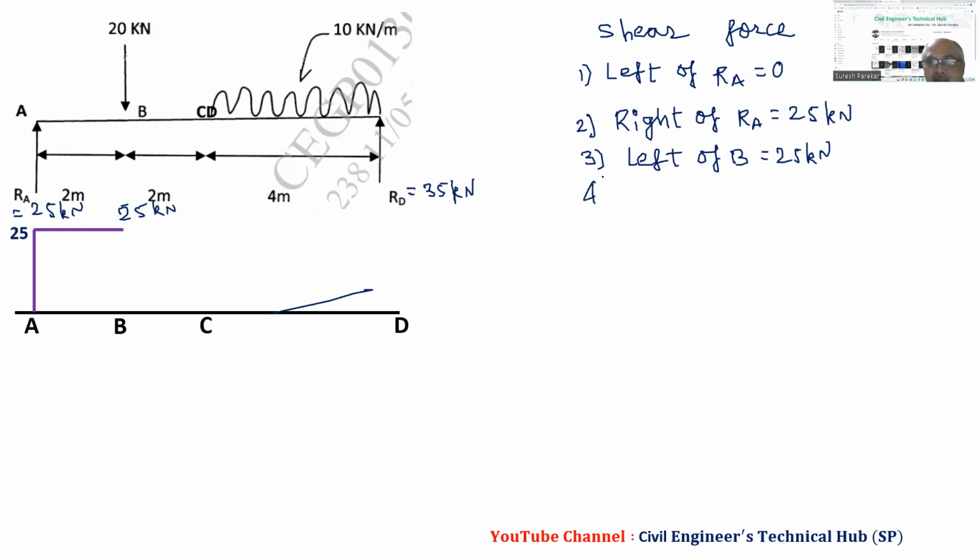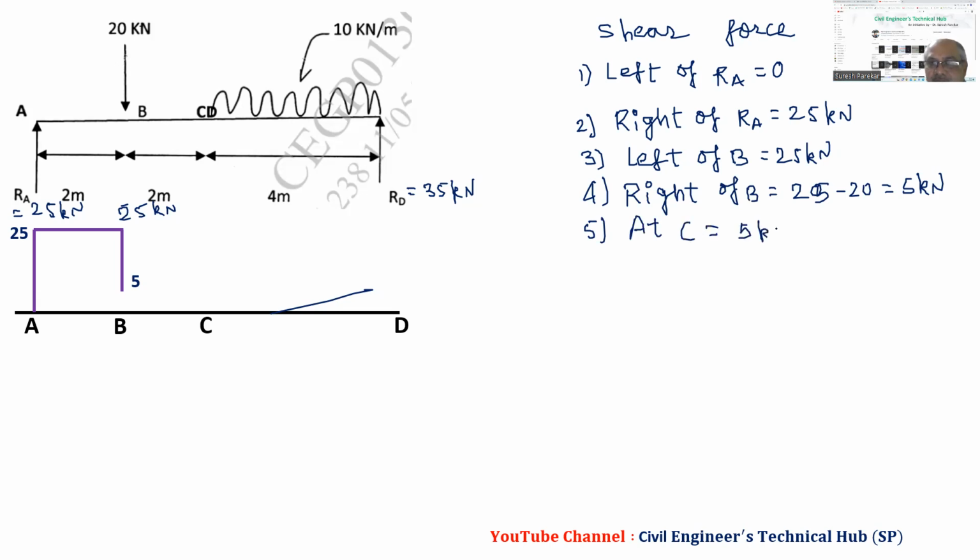Then we have right of B: 25 minus 20 is 5 kilonewton. Then at C there is no change and no load, so it remains 5 kilonewton.